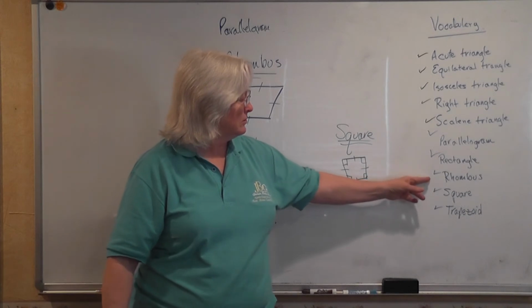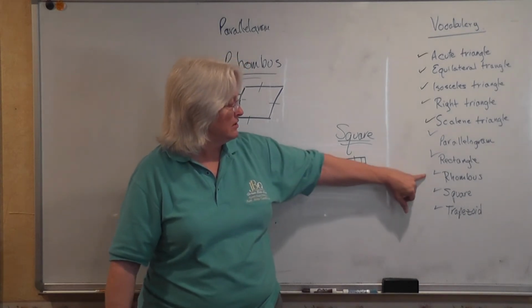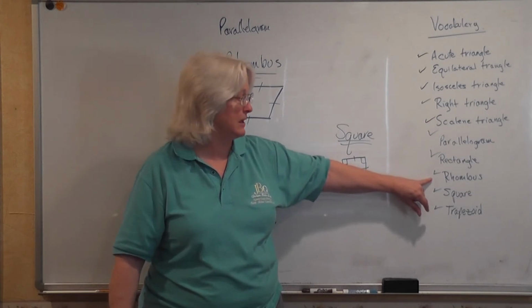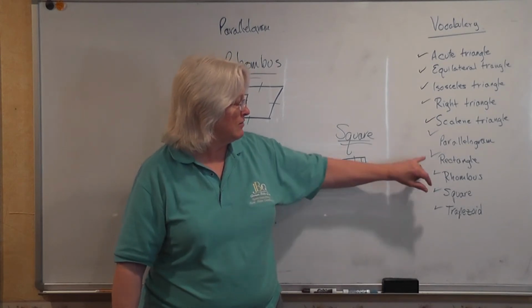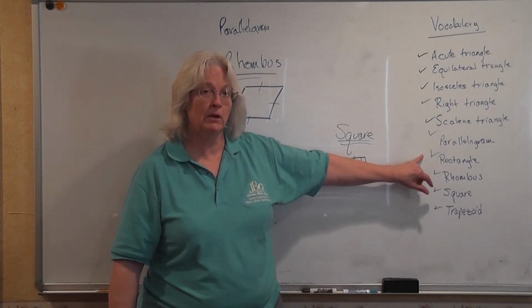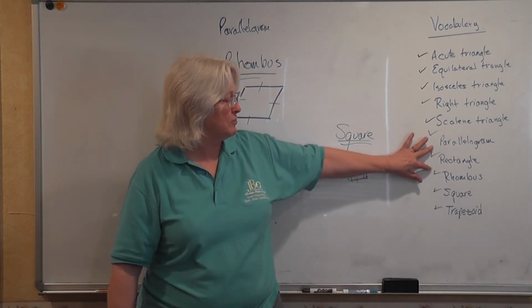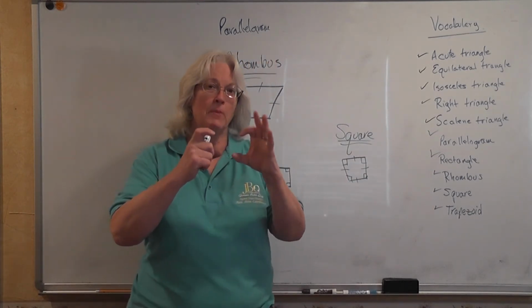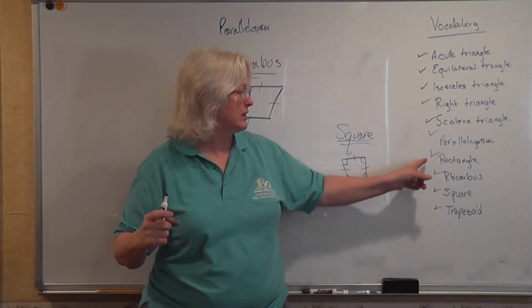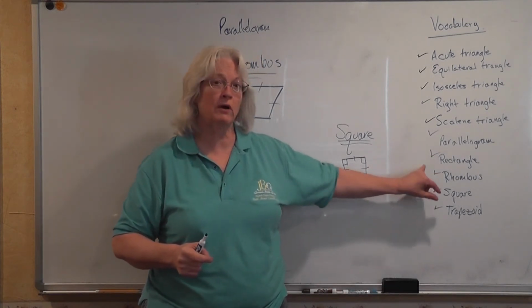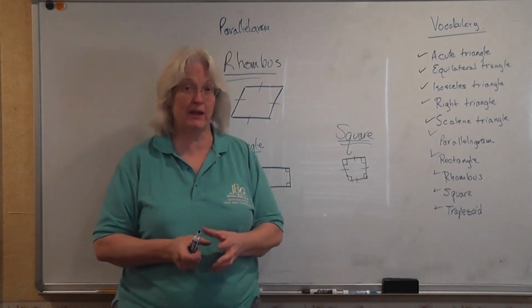Then you get to a rhombus, which is a parallelogram where the sides are the same. You have a rectangle, which is a parallelogram with 2 pairs of opposite sides that are parallel to one another, but the angles are all 4 right angles. You have a square that's like a rhombus with right angles.